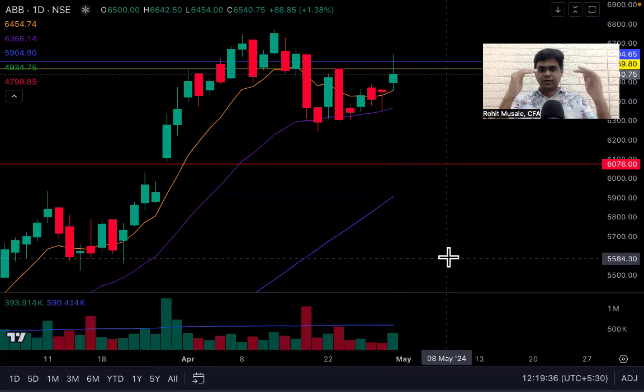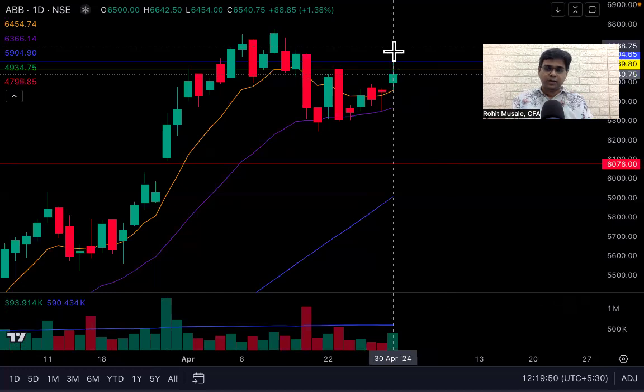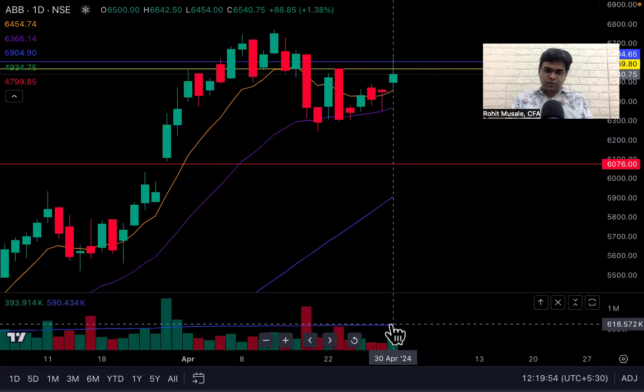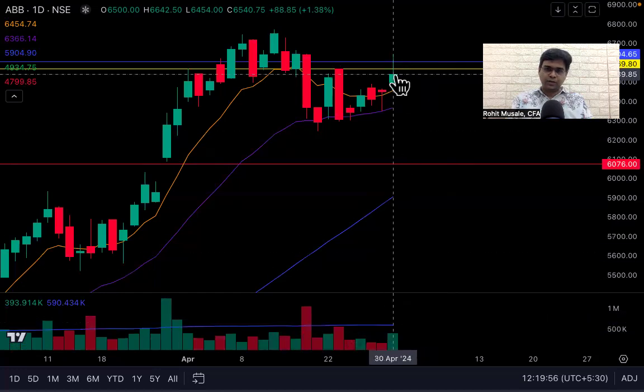So just 5 minutes before the market was closing, I completely exited the position because I did not get what I was expecting to get from the stock. What was I expecting? I was expecting a high volume breakout from the yellow line. So the volume should have been above the blue line and the price should have closed above this yellow line.